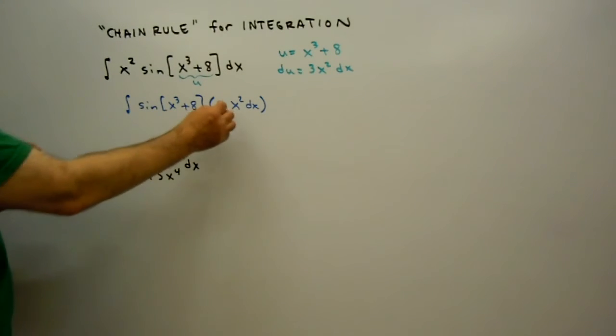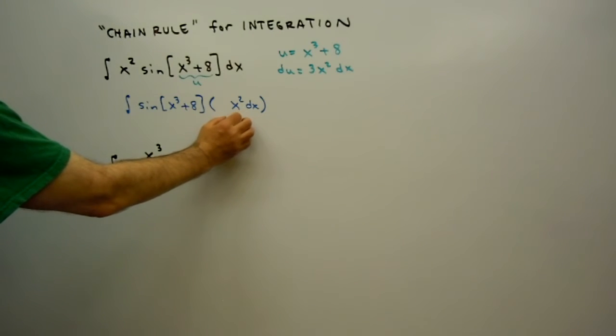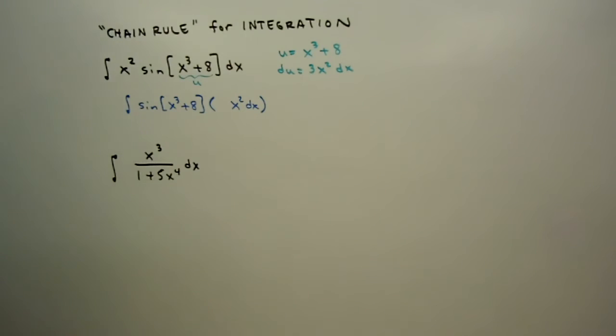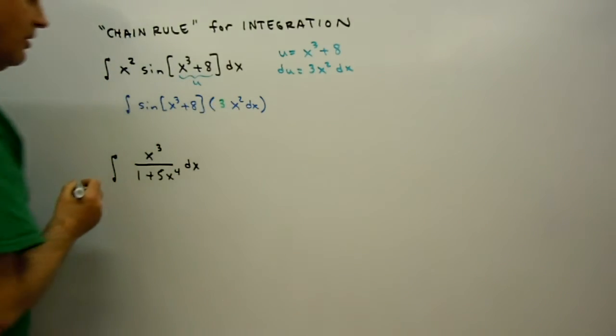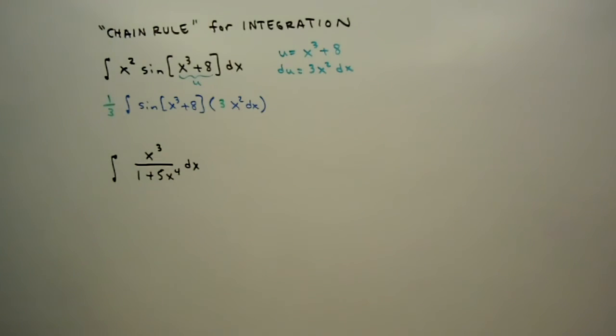Remember that you could always adjust by a constant, because it's perfectly fine to multiply the entire integral by a constant. And again, remember, if you have to multiply by a variable, you cannot multiply by that variable on the outside. You have to use some other method for integration. So what we need to have here is a 3. So we multiply by the 3, and then remember to compensate by the reciprocal 1/3. And now we are ready to integrate.